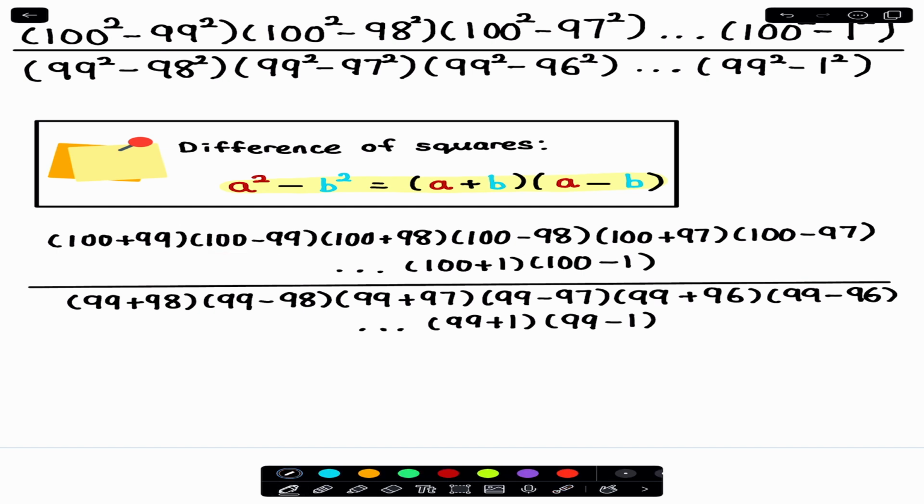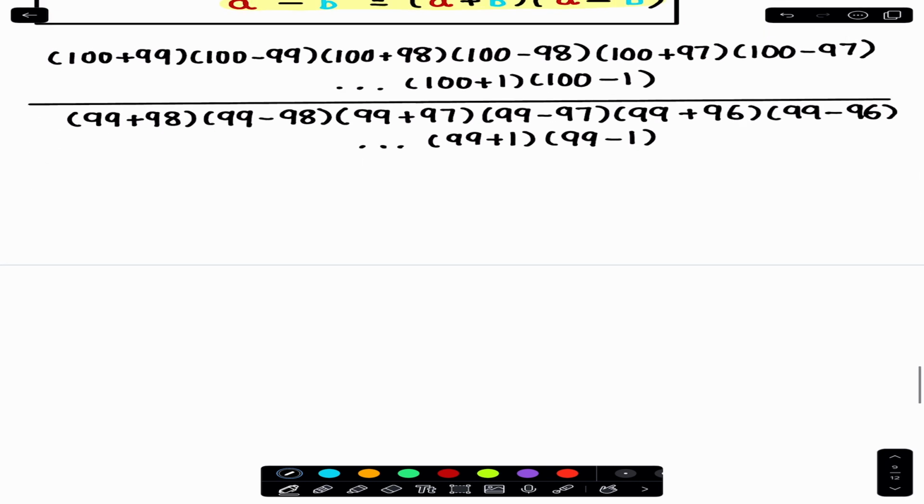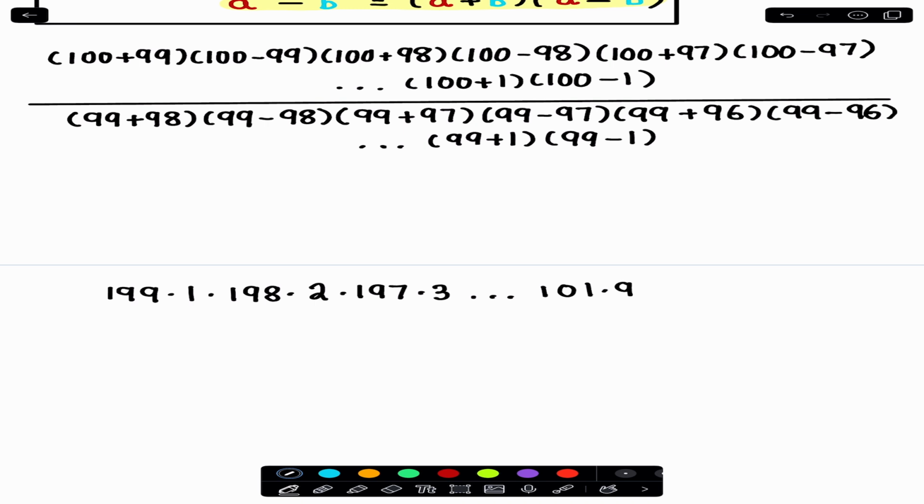So let's rewrite all of these as a single number. What we have is our first term, 199 times 1 times 198 times 2 times 197 times 3. This will continue all the way to 101 times 99.